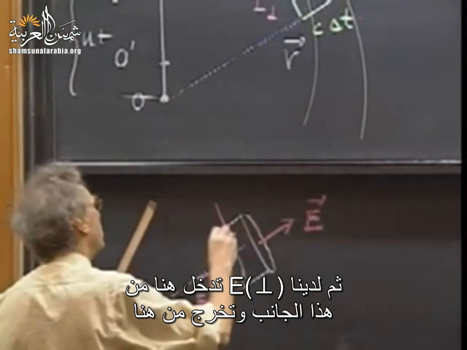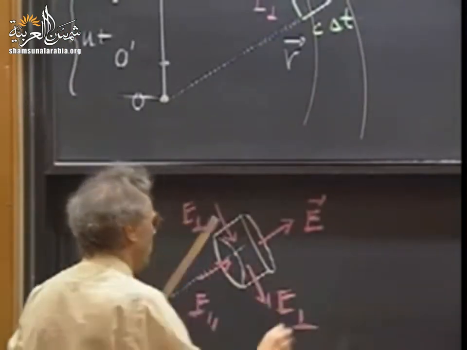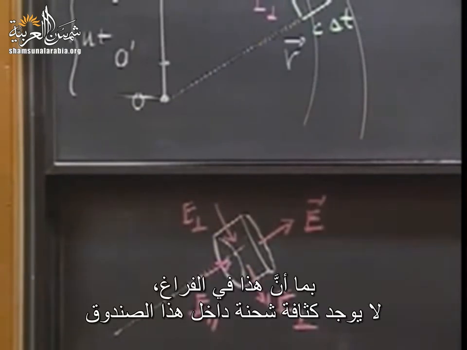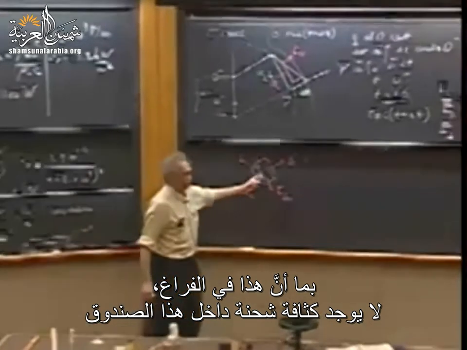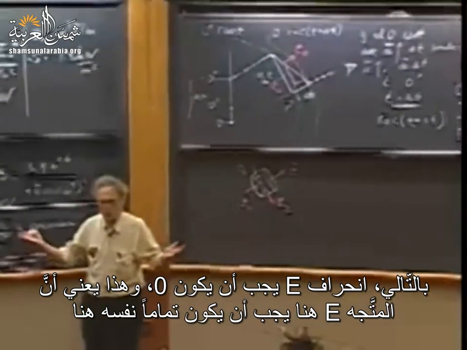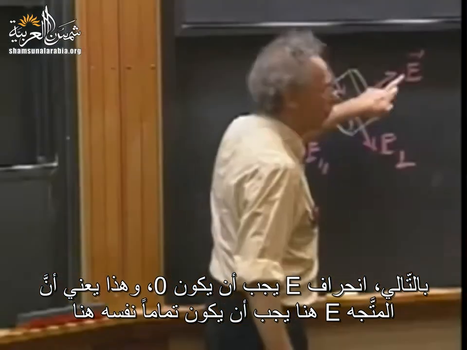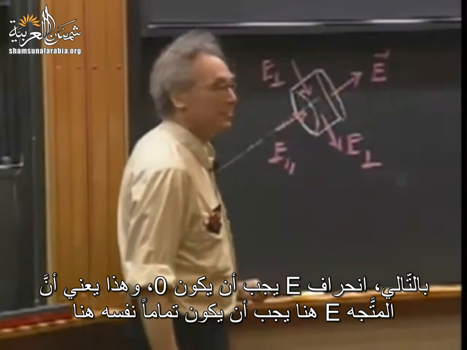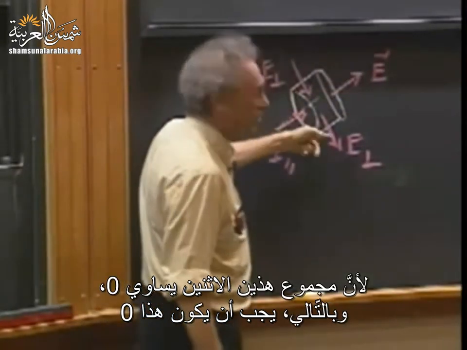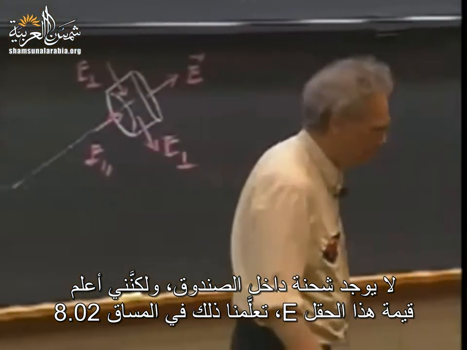So this comes in, E perpendicular, and that E perpendicular goes out. Now, since this is in vacuum, there is no charge density inside this box. So the divergence of E must be 0. And that means that the E vector here must be exactly the same as the E vector here. Because the contribution to these two is 0, so this must also be 0. There's no charge inside the box.